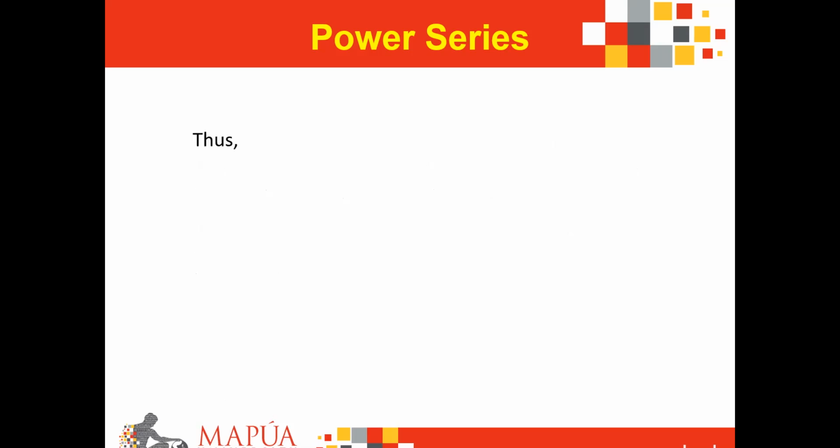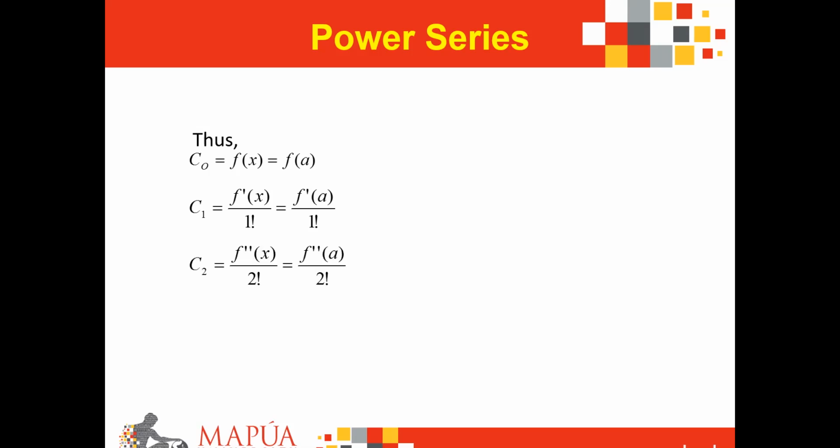Hence, you can now solve constant c0 to be the function of x, which is equivalent to the function of a, c1 to be the first derivative of x over 1 factorial, or first derivative of a over 1 factorial, your c2 to be second derivative of x over 2 factorial, or the second derivative of a over 2 factorial, your c3 third derivative at x over 3 factorial, or third derivative at a over 3 factorial, all the way to your cn, bearing this recursive formula.